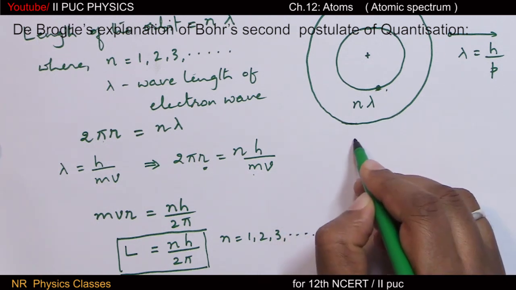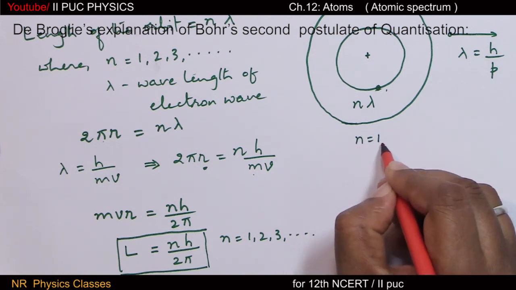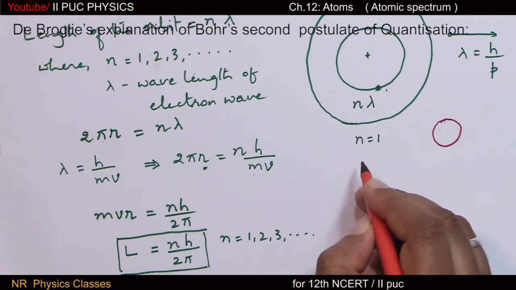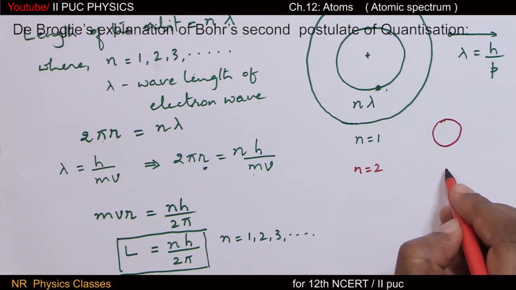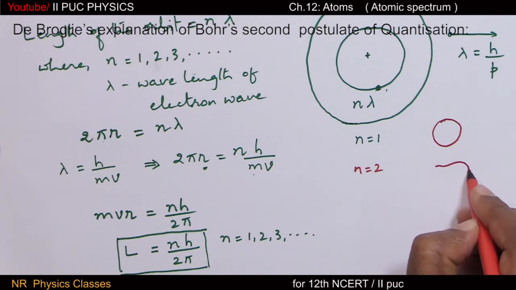Now, if n equal to 1, then this is the orbit of the electron. If n equal to 2, there must be 2 wavelengths. Then this is how the orbit of the electron looks like.